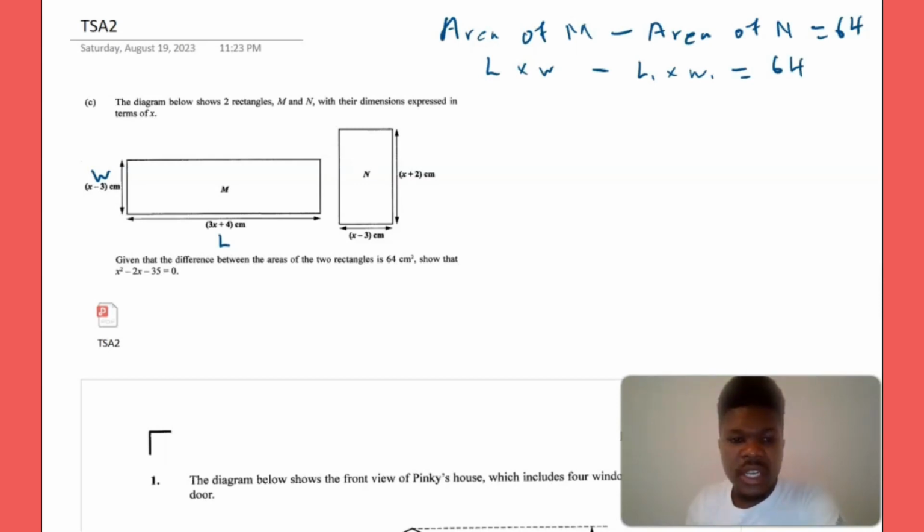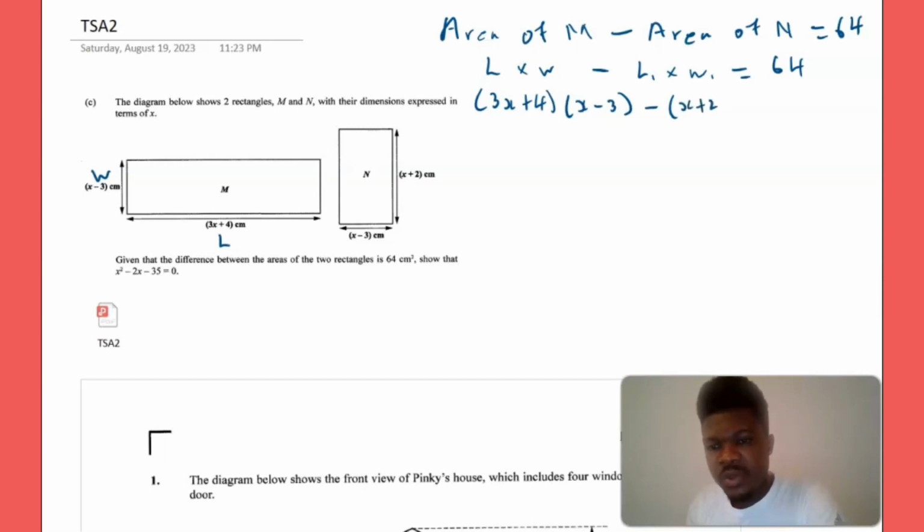So for M, the length is 3x plus 4 times x minus 3, and then we're going to subtract the area of N, which is x plus 2 times x minus 3 as well, equals 64.